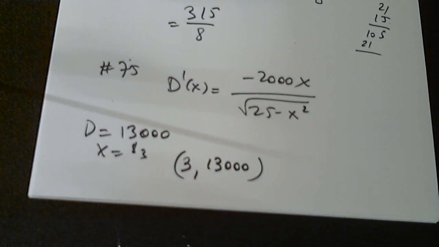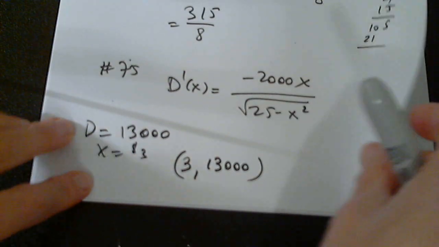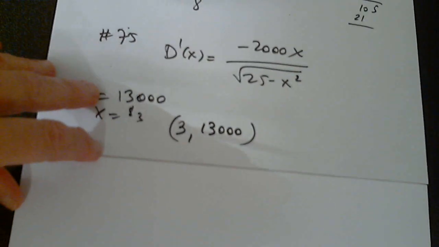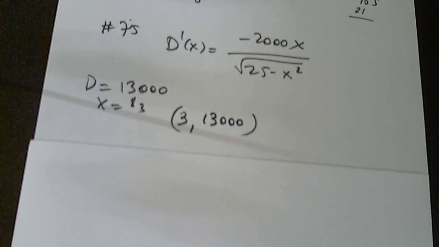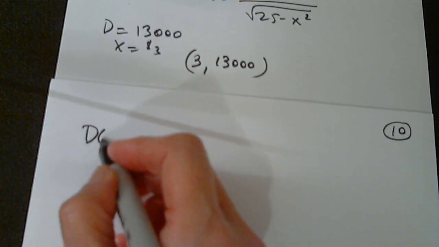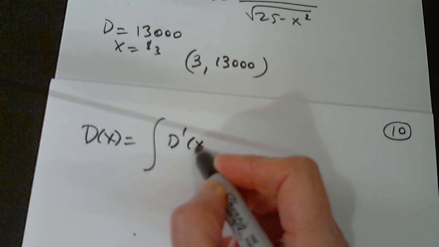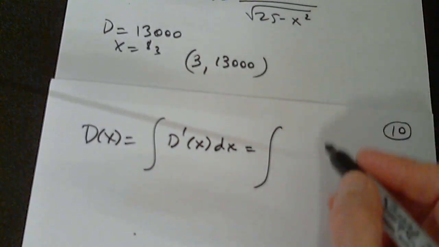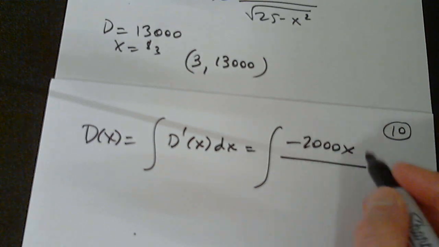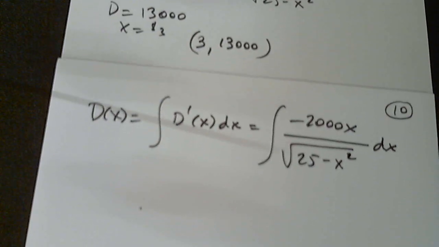And you know why this is given to us, to find the constant C. All we have to do is find d of x as the indefinite integral of d prime of x dx, which is negative 2000x over the square root of 25 minus x squared dx.